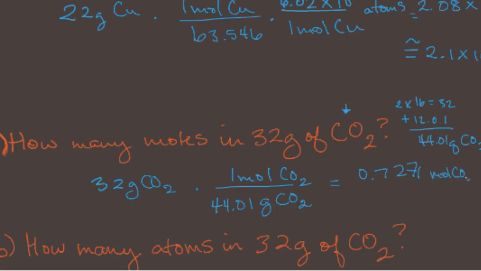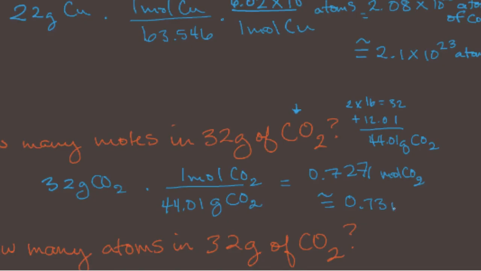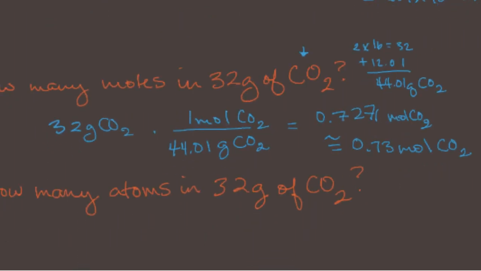And again, if we're doing sig figs, let's say that this is 2 sig figs because it's a measured value, we would have to stop at this 2. So because that's a 7, it would be 0.73. Just a little practice on sig figs. Remember, the rule for multiplication is you take the least number of sig figs that's given in your problem.